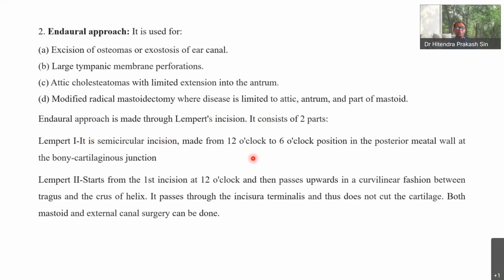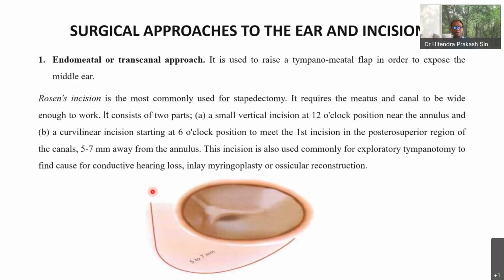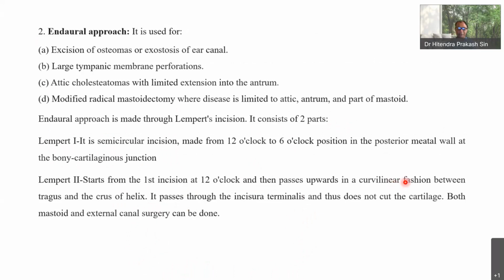It consists of two parts, Lempert 1 and Lempert 2. Lempert 2 is a circular incision made from 12 o'clock to 6 o'clock position in the posterior wall at the bony cartilaginous junction, as is seen in this diagram, but it's somewhat superior and lateral to this, at the bony cartilaginous junction.